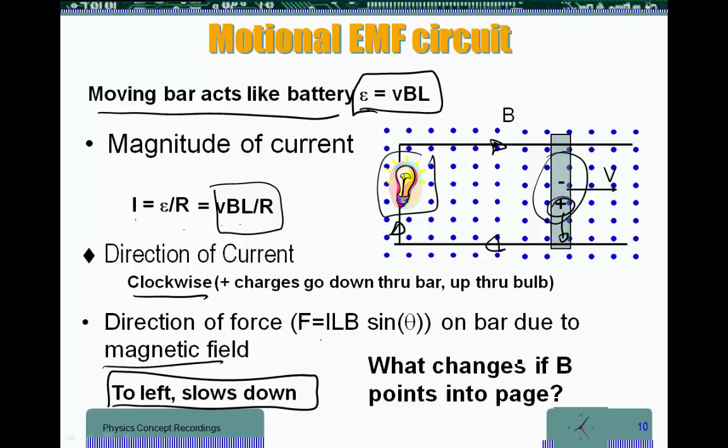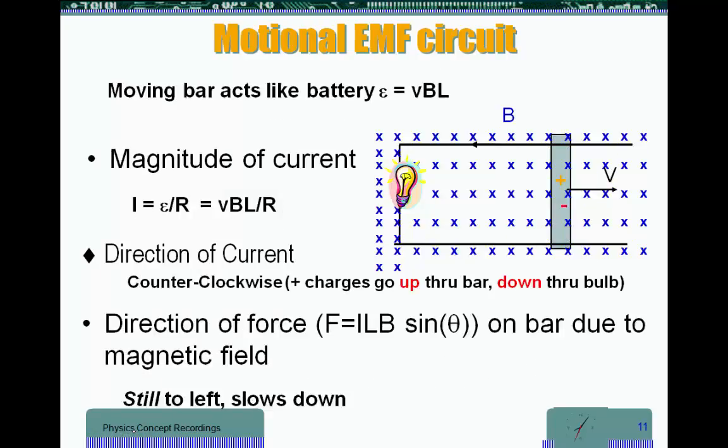Now what's going to be different if B is into the page instead of out of the page? If it is into the page, the magnetic force on the charges is going to point up. But the current is going to be in the counterclockwise direction due to this.